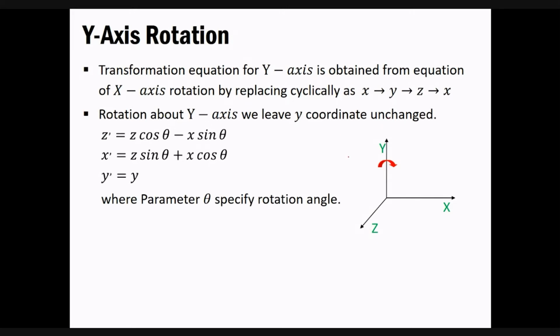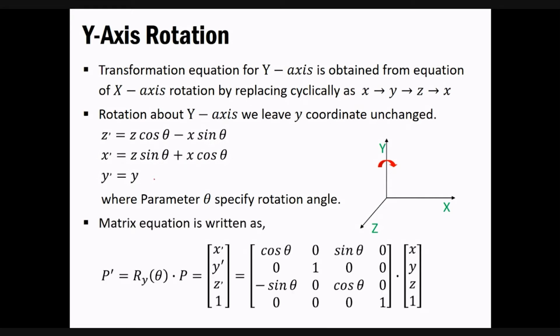For the other coordinates, we require z and x. So z dash can be calculated as z cos theta minus x sin theta. Similarly, x dash can be calculated as z sin theta plus x cos theta. And y is to be kept as it is. So that is how we can do it.